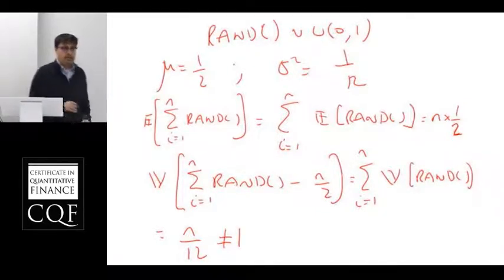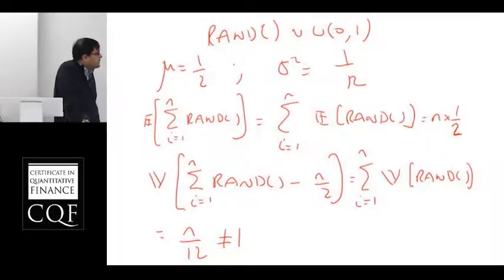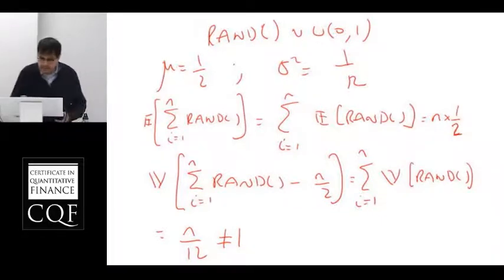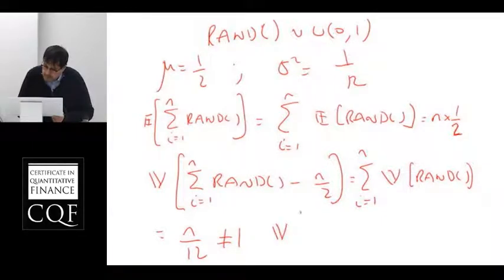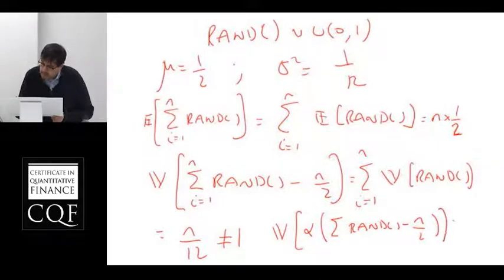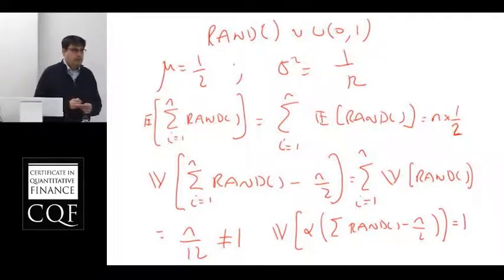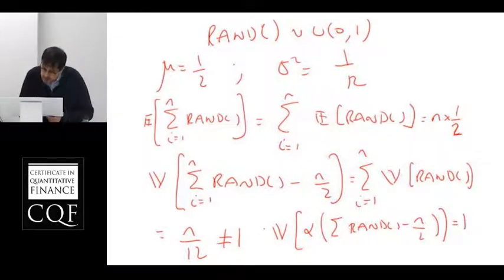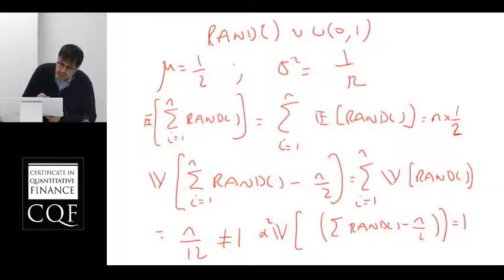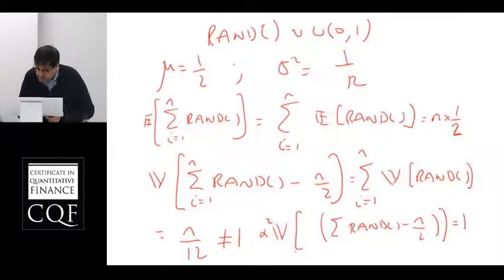So that tells us that perhaps we need a normalizing constant. We multiply that expression with something so that we get a value of 1. So let's say alpha times all of this stuff, and that should all equal 1. Right, let's pull the alpha out. So alpha squared. I'm just trying to finish this on the same page. I don't think it's going to happen though. We know that this thing is n over 12.